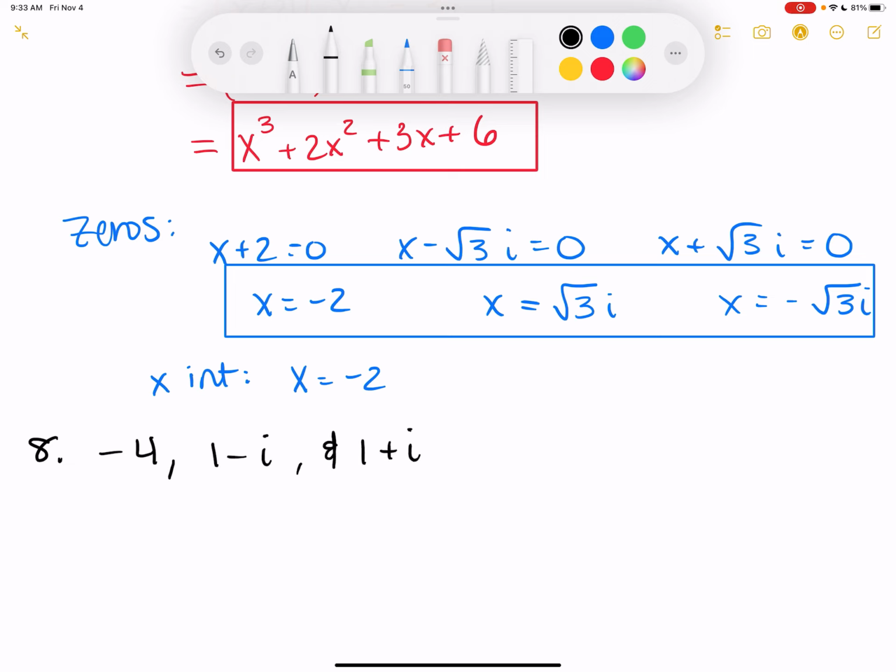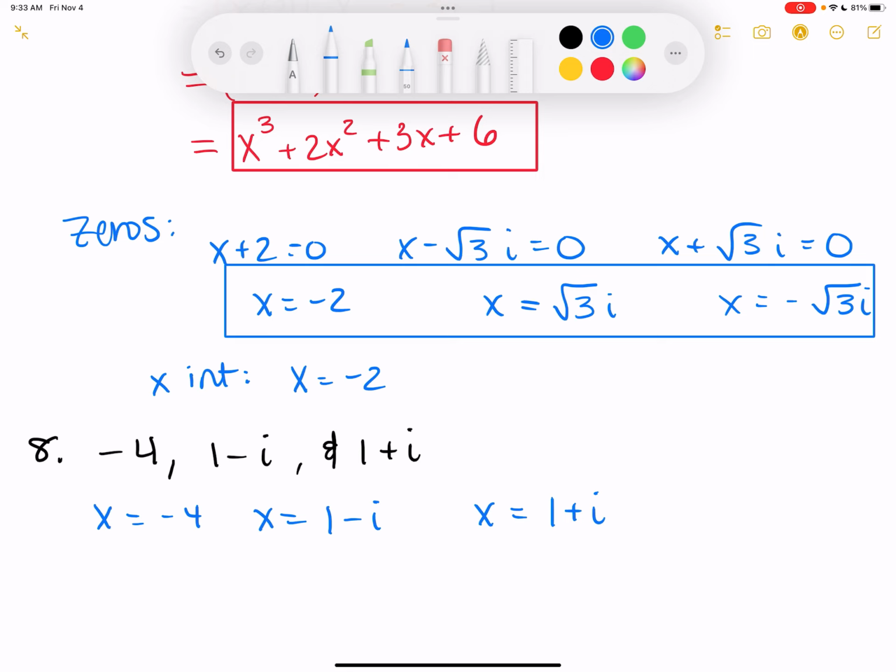They could have only given you the first two, and you would have had to know that 1 plus i was also going to be one, because of the rule that comes from that. So you're told that these are the zeros. That tells you that x is equal to -4, x is equal to 1 minus i, and x is equal to 1 plus i.